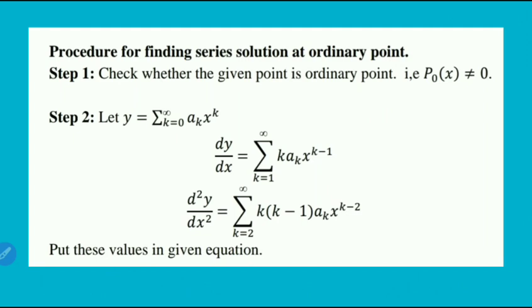For that you need to follow some procedure. Step 1 is to check whether the given point is an ordinary point or not. We have discussed how to check this. Simply, in the coefficient of d2y by dx square you put x equal to 0 and check whether it gives a non-zero quantity or not.